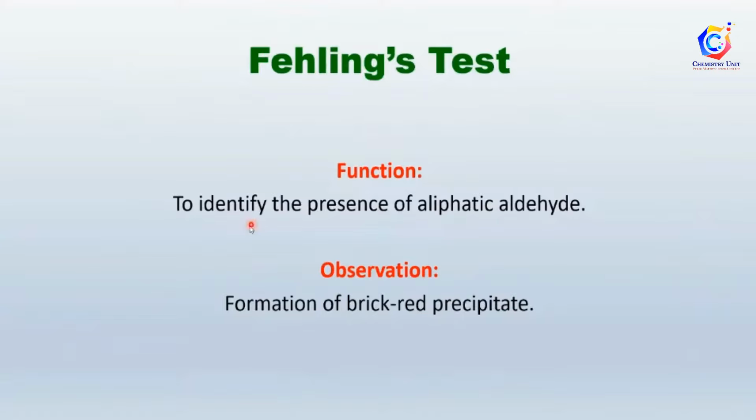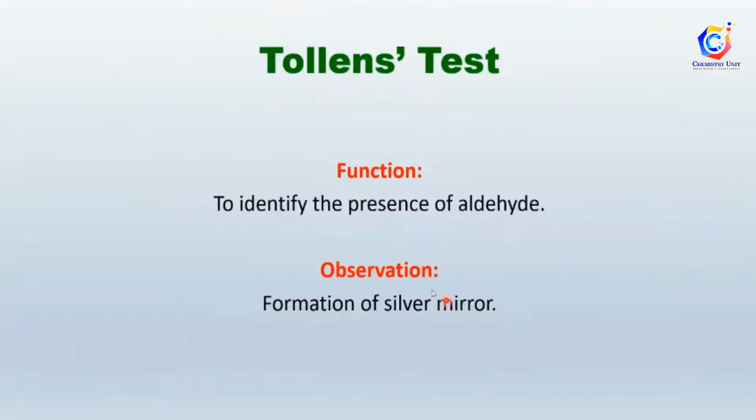Fehling test is used to identify the presence of aliphatic aldehyde, and the observation is formation of brick red precipitate. Tollens test is used to identify the presence of aldehyde, and the observation is formation of silver mirror.